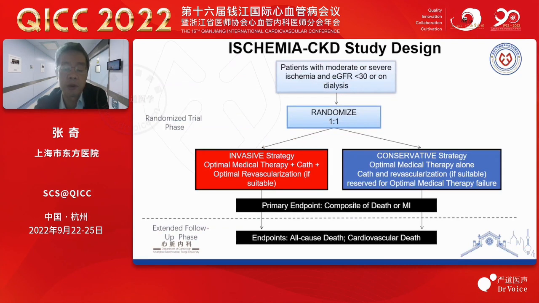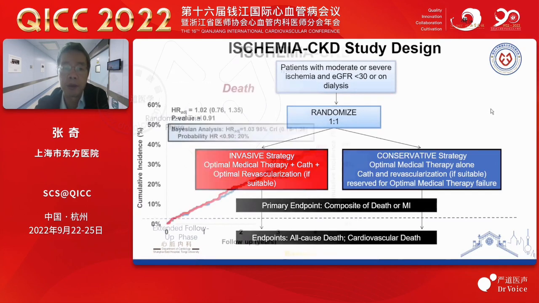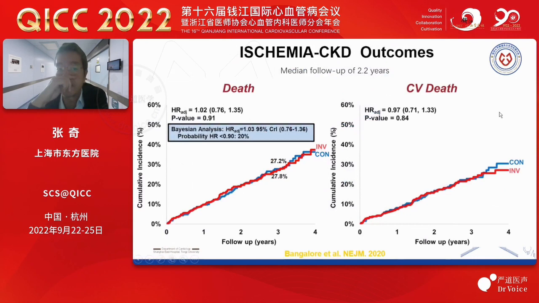I believe that you're all very familiar with the ISCHEMIA-CKD study. I think these are the trials that look at revascularization versus medication treatment for CKD patients with coronary diseases, and they also look at invasive strategy and conventional strategy. So these only look at the CKD populations. Then we look at this result.